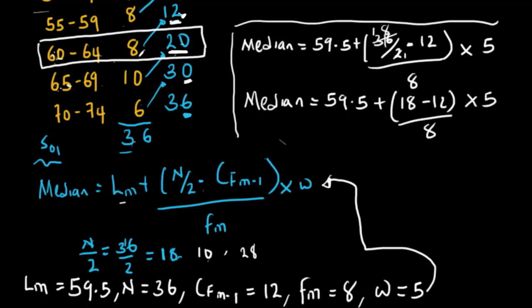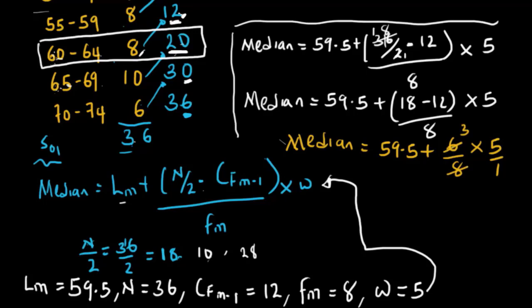So median equals 59.5 plus 18 minus 12 is 6, so I have 6 over 8 times 5. Remember, you will do the multiplication first before you add. So we can divide 6 and 8 by 2: 3 and 4.